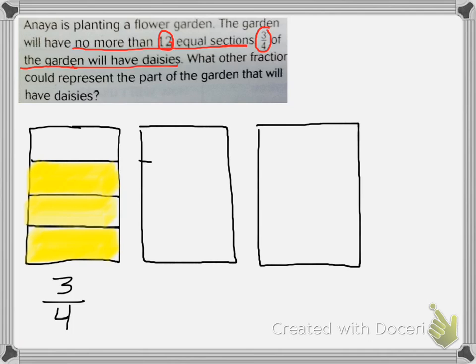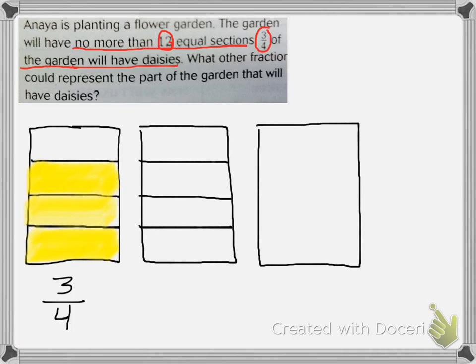I'm going to draw fourths again here. And let's see, could I cut those parts in half? So for every 1/4, I would make, just to show what I'm doing here, I'm going to change the color of this next line. Dark green.